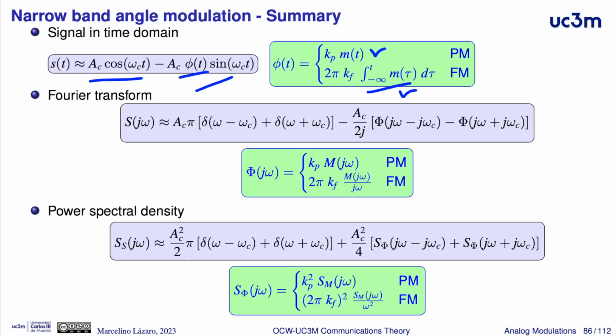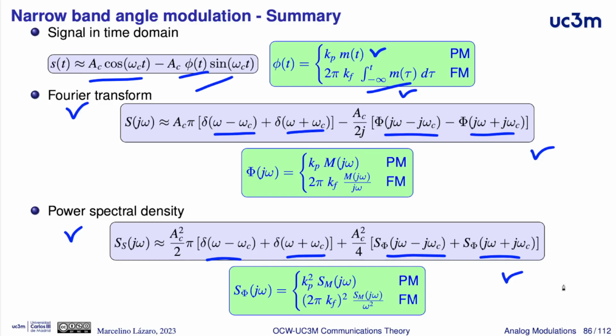The spectrum, for a deterministic function or for a random function, is given by a couple of deltas, the spectrum of the carrier, and then shifted replicas of the Fourier transform for deterministic signals, or replicas of the power spectral density for random signals, shifted to plus omega c and to minus omega c.